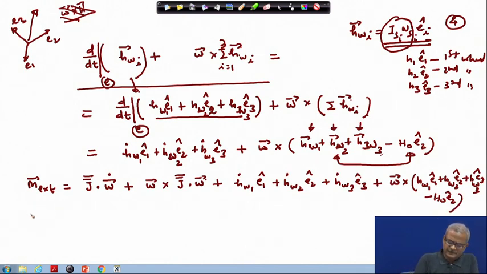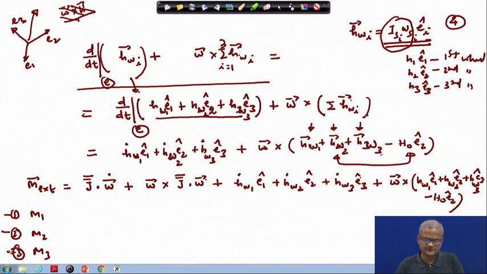And then we can get the terms separated out along the three body axes. This is along the first body axis, this is along the second body axis, and along the third body axis.